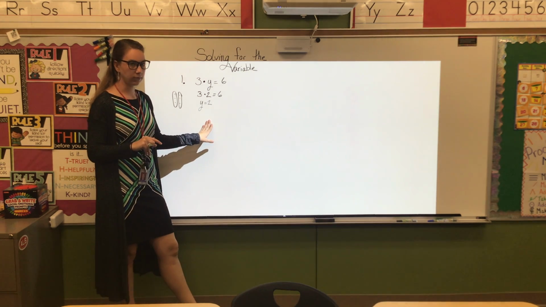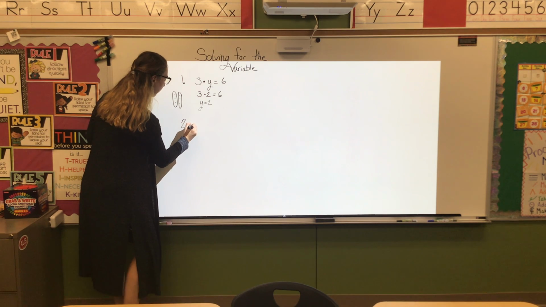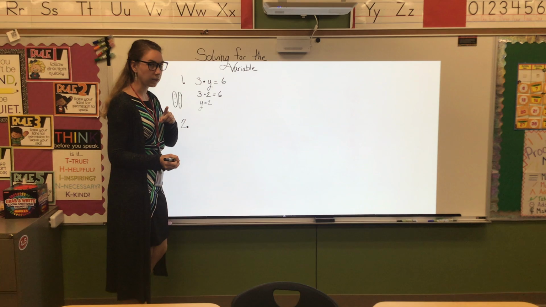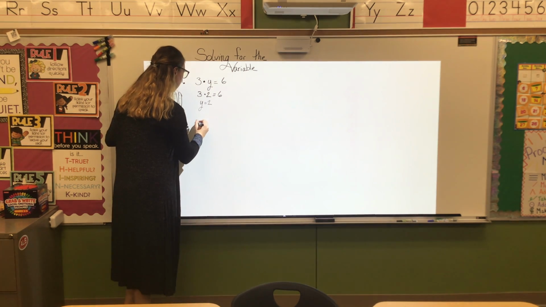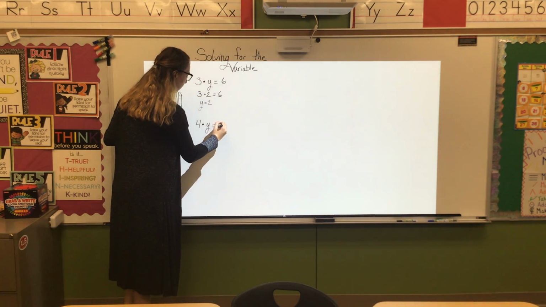If I do another one, and I'm going to do it right under it so you guys can see. If I do another problem, I'm going to use y again, because this is where it gets tricky sometimes. What if I did 4 times y equals 20?